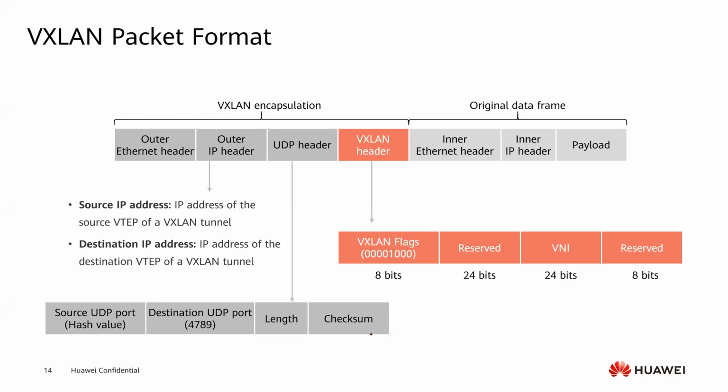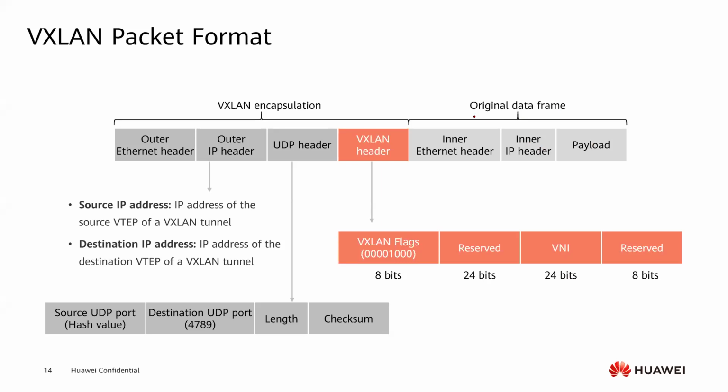Now let's look at the VXLAN packet format. How do we encapsulate the original data frame into the VXLAN header, and how do we encapsulate the VXLAN header into the outer IP header?